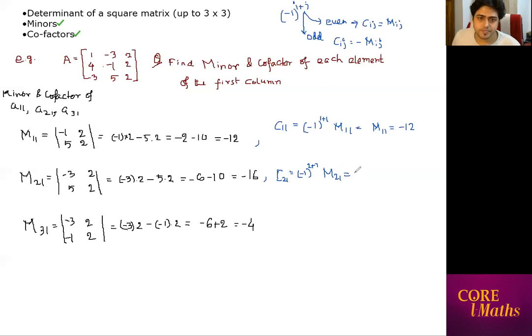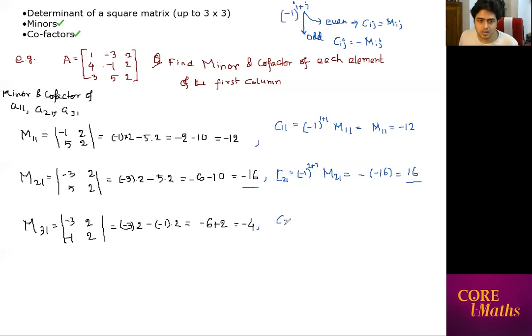So odd means a minus will come and write its minor value. The minor was -16 and the cofactor is just the opposite of its sign, that is 16.